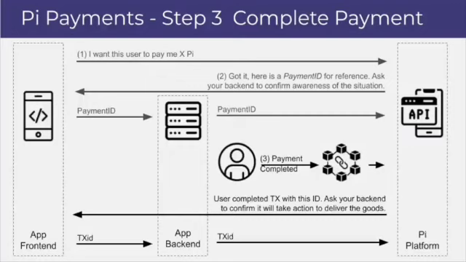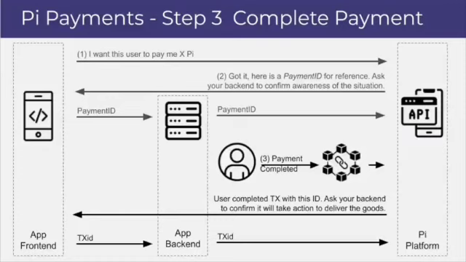So now the transaction ID is returned to the app's front end, and there is another round of sending it back through the backend in order to, once again, prove that the transaction ID has been received and that there is a good chance the goods will be delivered.